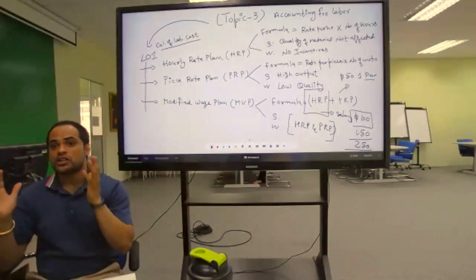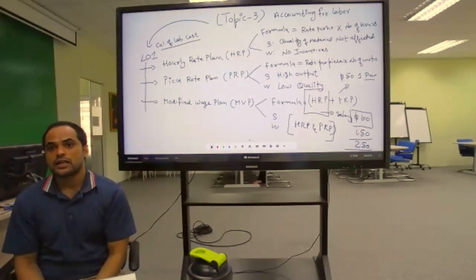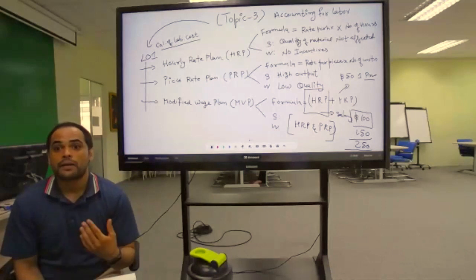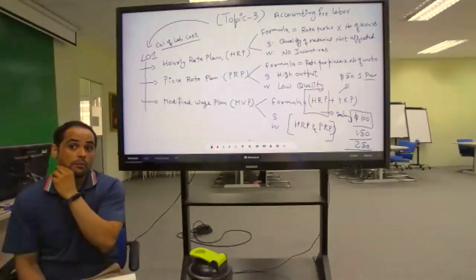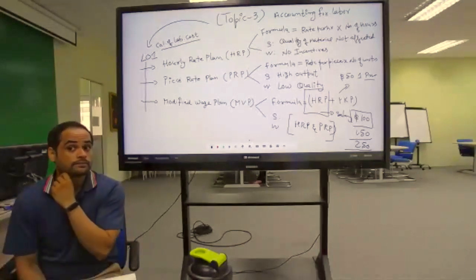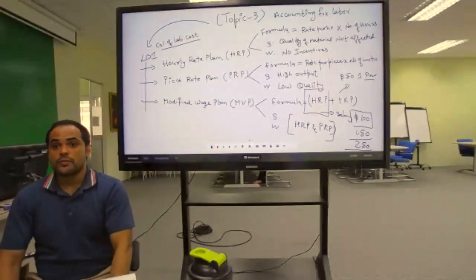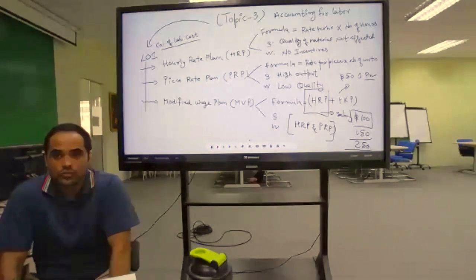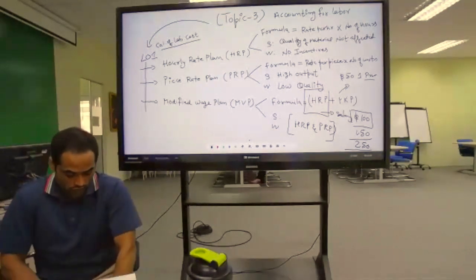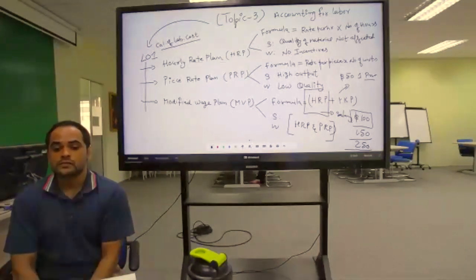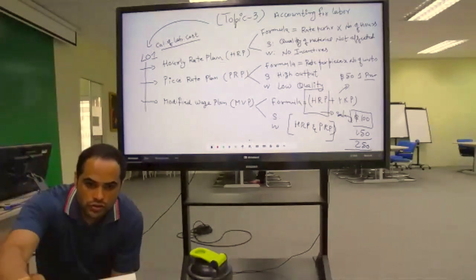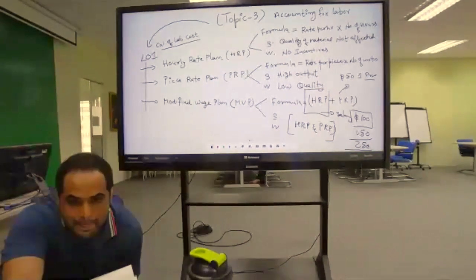So it's a combination of both, which is the modified wage plan. That's the idea behind the modified wage plan, right? So now we move on to learning outcome 2. Any other question? Okay, so we move on to learning outcome 2 now.